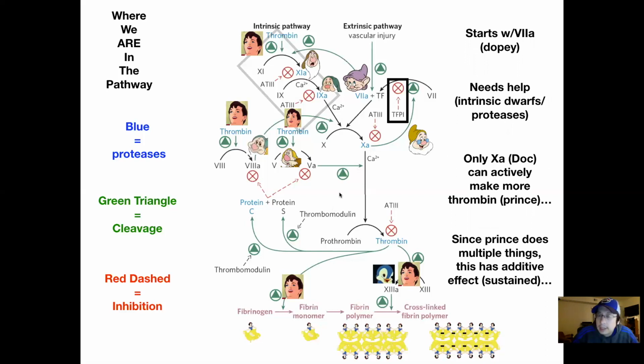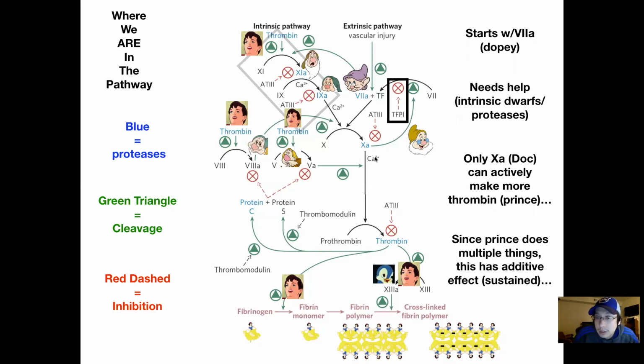That thrombin is the thing that ultimately leads to the functional output of making a clot, but there's only one protease within this pathway that can convert prothrombin into thrombin, and that is Doc. That's why Doc is really important.